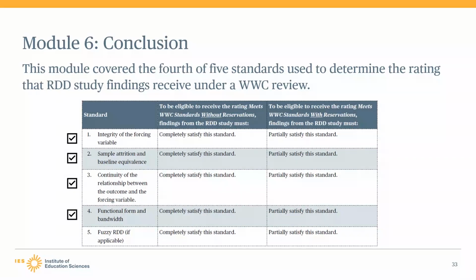A study finding that fails to satisfy the standard will receive a rating of does not meet WWC standards. The next module in the training series will focus on the WWC's 5th RDD standard, which focuses specifically on how to review evidence from fuzzy RDD studies.